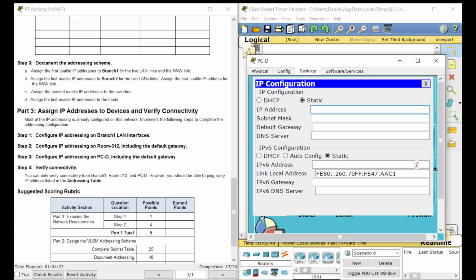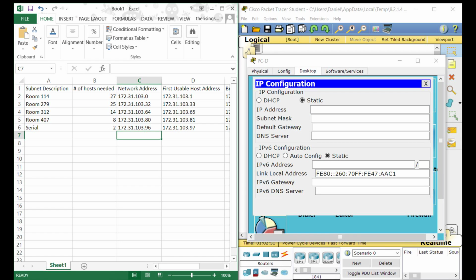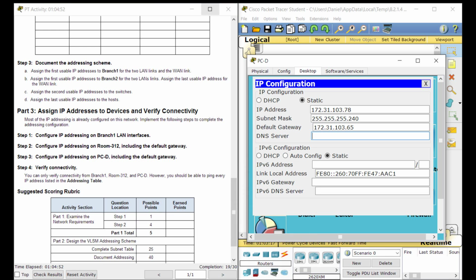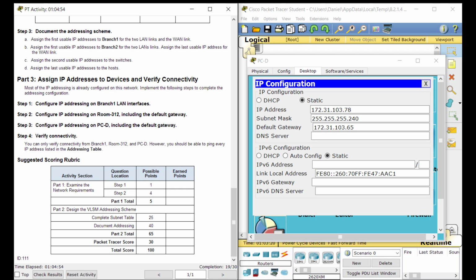So this is in the D network, which means that the broadcast would be .95, so 172.31.103.78, and we're going to use a 255.255.255.240. The default gateway is going to be 172.31.103.65, I believe.